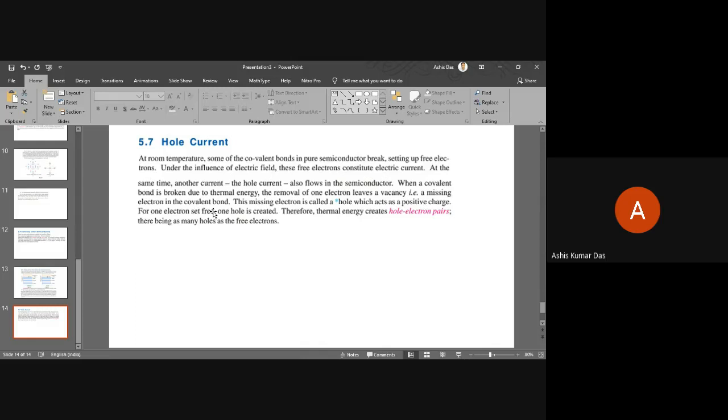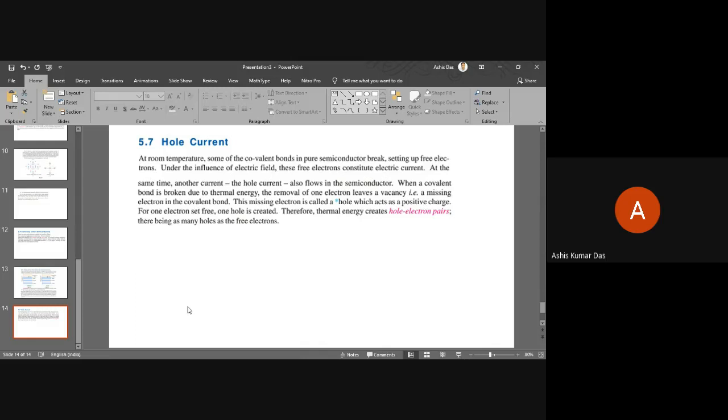Where does it make this vacancy? In the valence band, isn't it? And the missing electron is producing a positively charged conducting carrier, called the hole, and it produces the positively charged current.